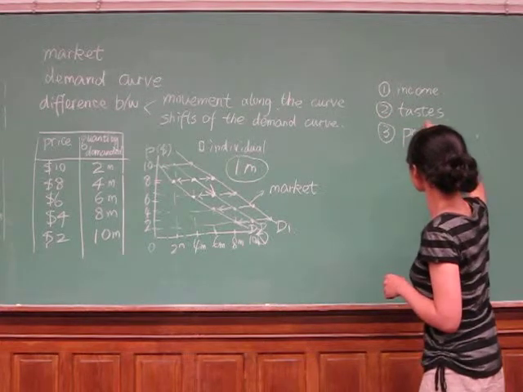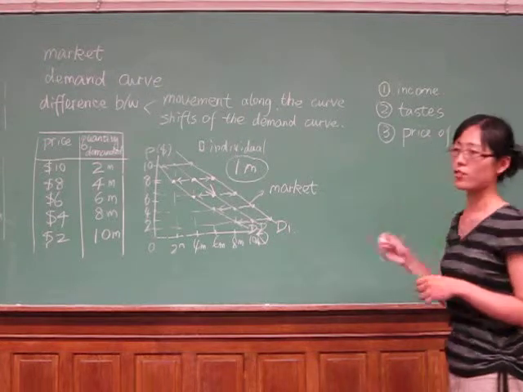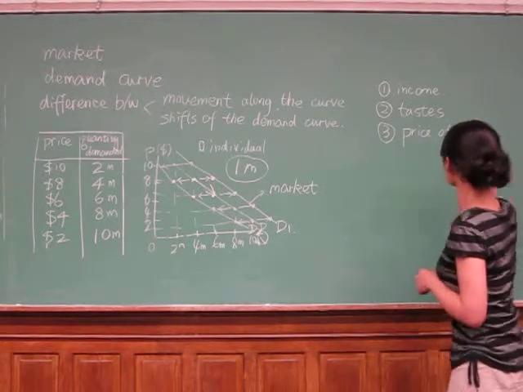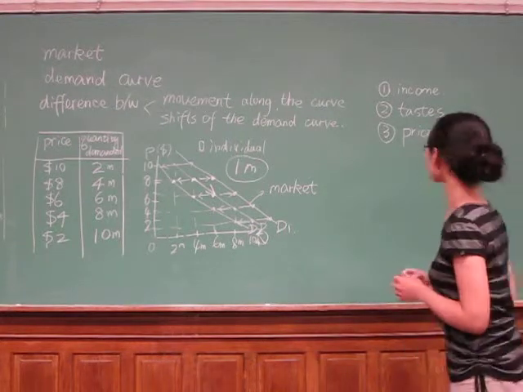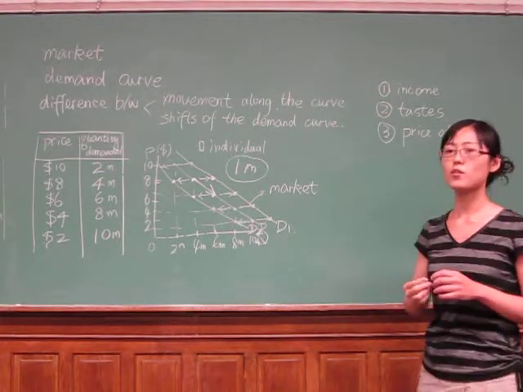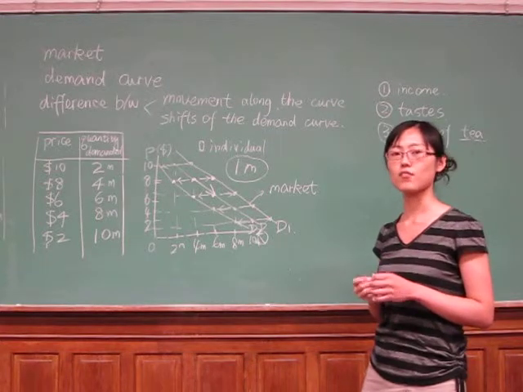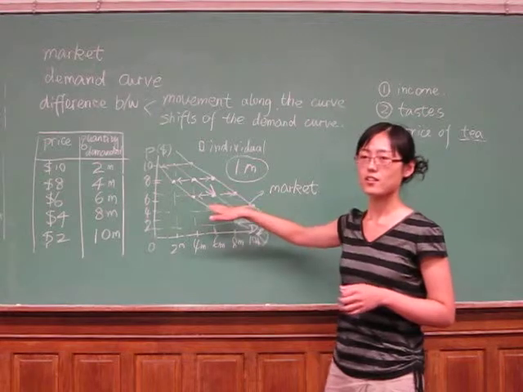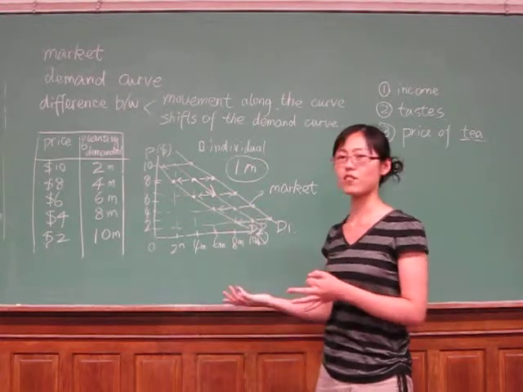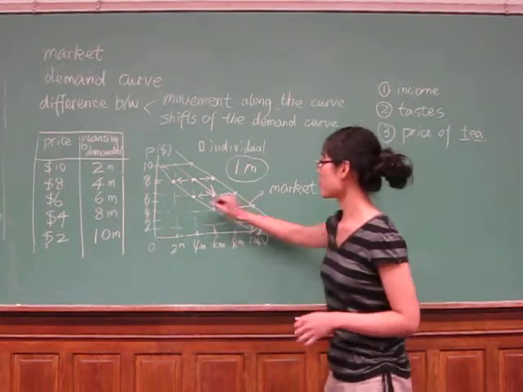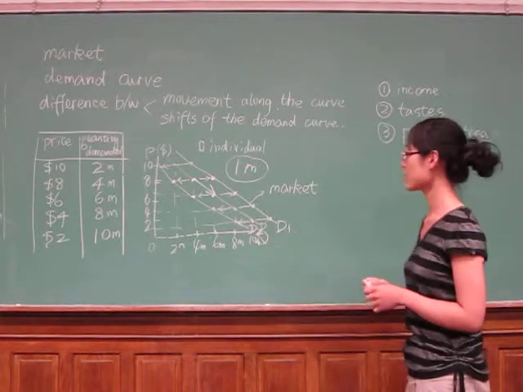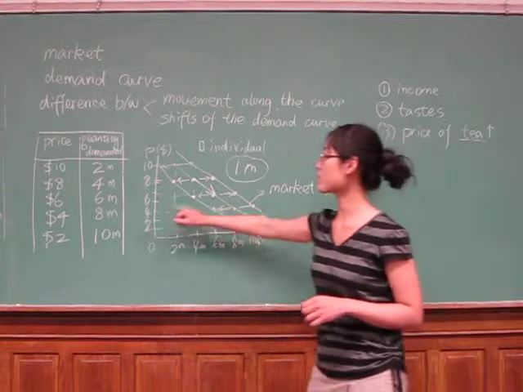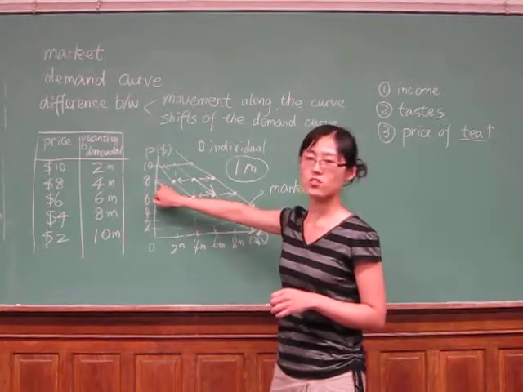The third factor is price of related goods. For example, tea. Some people may be indifferent between coffee and tea. For example, at the same price, they can either drink tea or drink coffee. There's no difference. But suddenly one day, the price of tea goes up, for example, from $6 to $8.